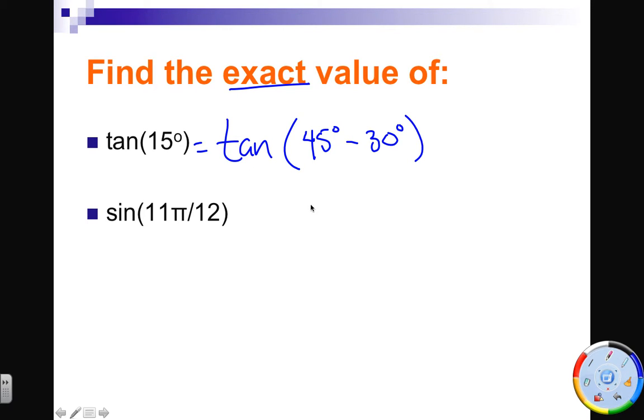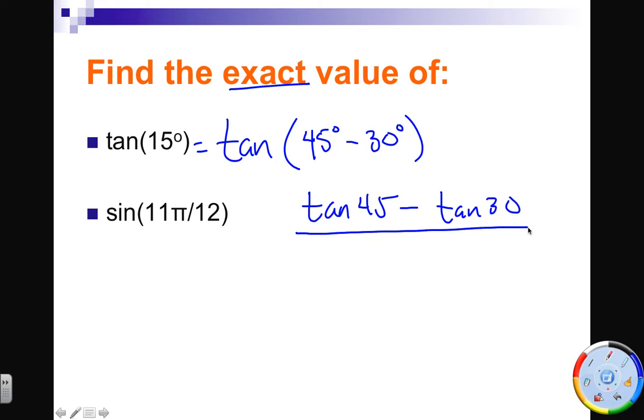So the difference of a tangent is going to be tangent of the first one minus tangent of the second one divided by 1 plus tangent of the first times the tangent of the second.